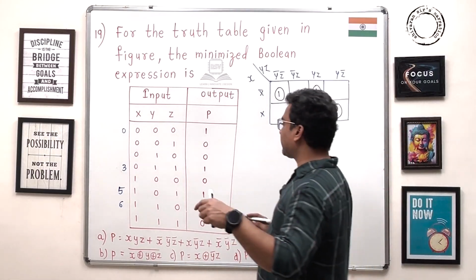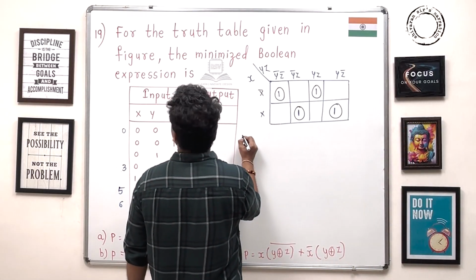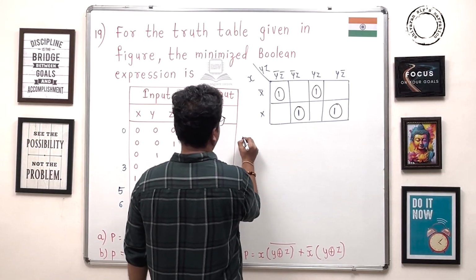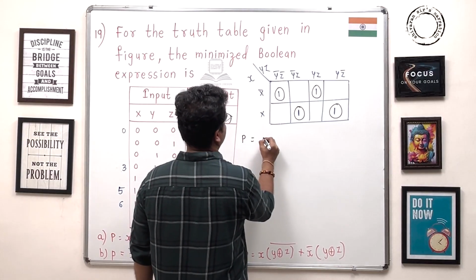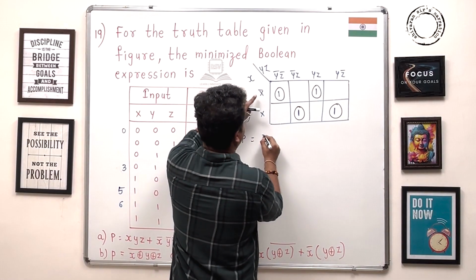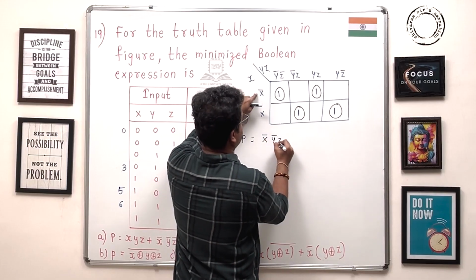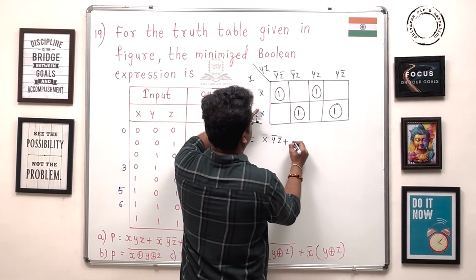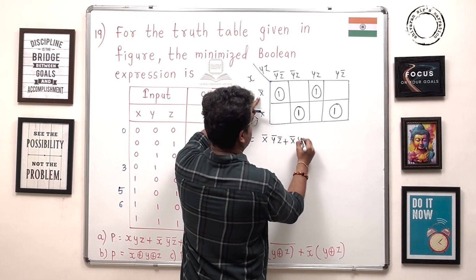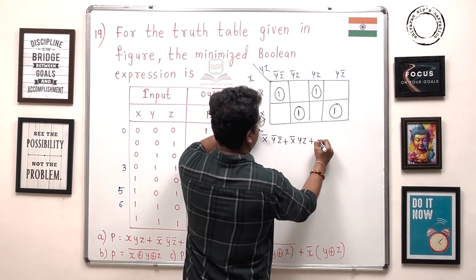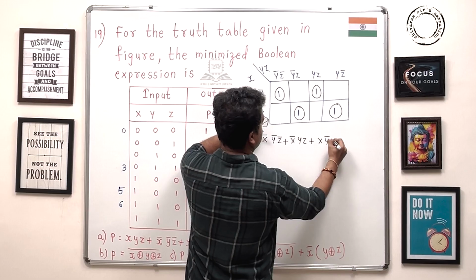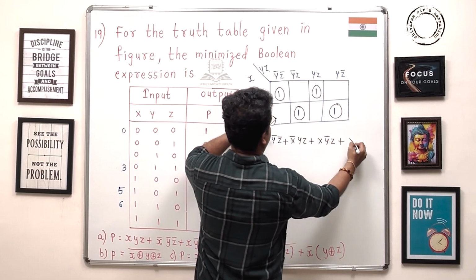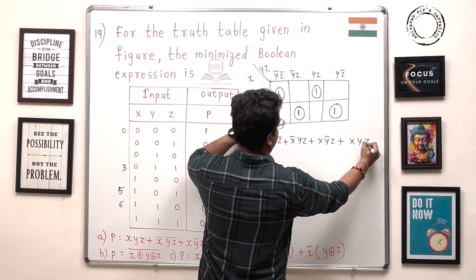Now if you write the expression, then output P is equals to x bar y bar z bar, x bar yz, x y bar z, x yz bar.